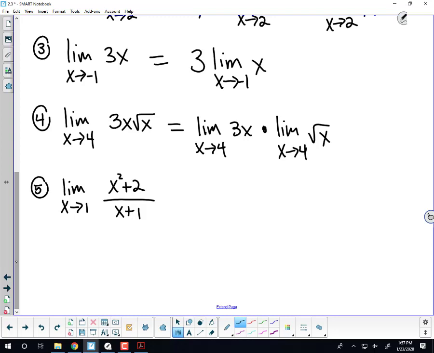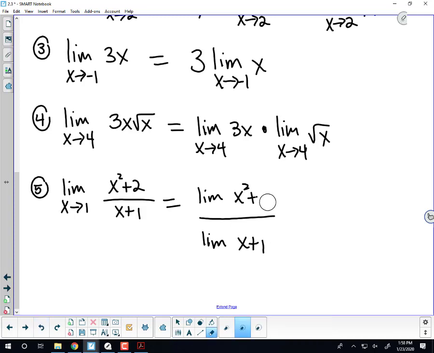We could write that as the limit of the numerator divided by the limit of the denominator, so that's x squared plus 2 on top, and then compute those separately and take the quotient. Again, we can do this provided that the limit on the bottom isn't 0.